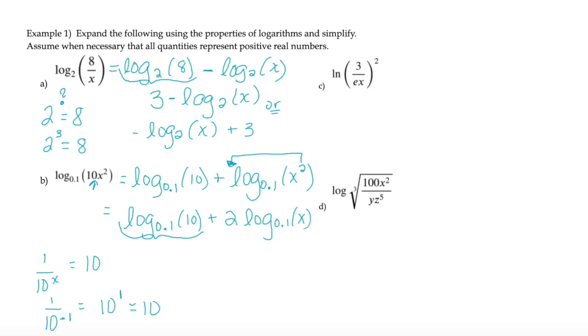So therefore, log base 0.1 of 10 is negative 1 plus 2 log base 0.1 of x. Or again, if you want to put the variable first, 2 log base 1/10 of x minus 1.